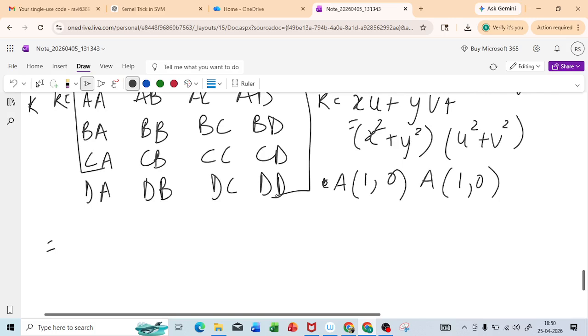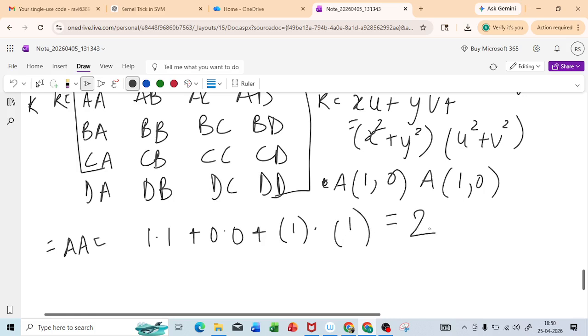So xu is 1 into 1, plus yv, which is 0 into 0, plus x square plus y square, which is nothing but 1, into u square plus v square, again nothing but 1. So what we arrive at is 2. So AA is 2.